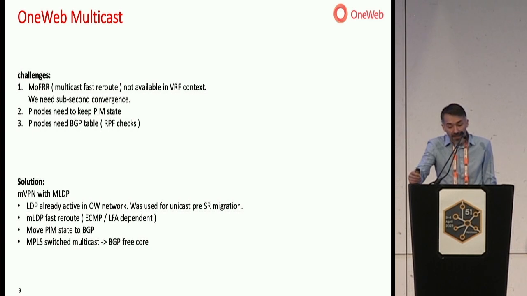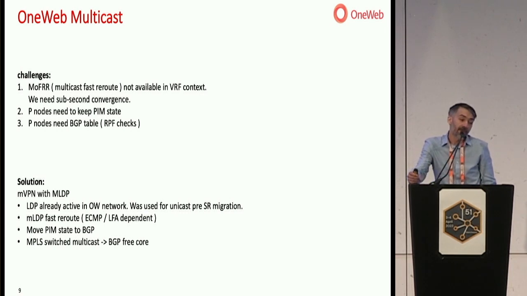We can achieve sub-second with MLDP fast reroute, which I'm going to go into in a bit more detail, but it's ECMP or LFA dependent. So that sub-second is in specific conditions, and we'll talk about them.